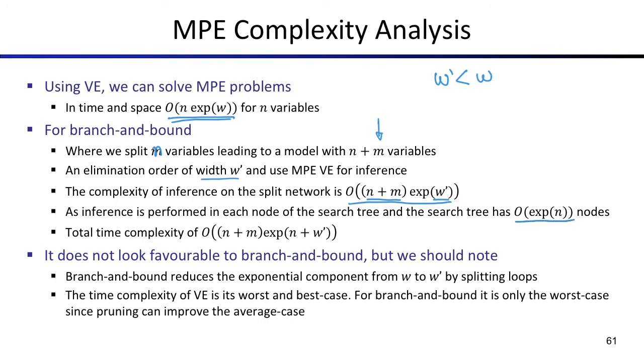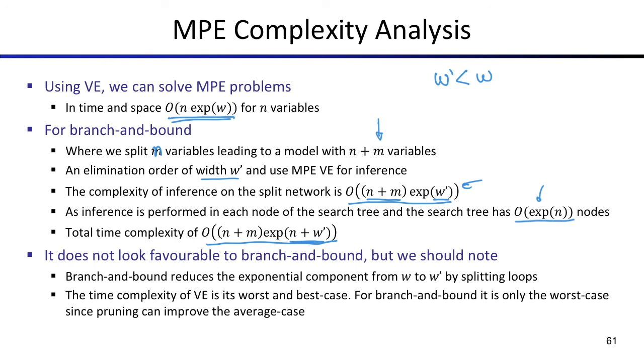At different nodes we'll have different partial instantiations, and we need to compute new upper bounds for those. So the total complexity of the branch and bound is going to be this one multiplied by this one, so we sum the exponents: n plus W prime. And it looks very daunting.